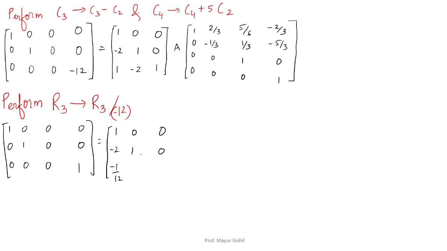Now we divided that by minus 12, so it will be 1 by 6, and here it is minus of 1 by 12. Here it is the same matrix.